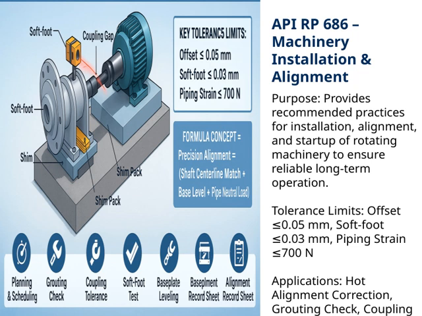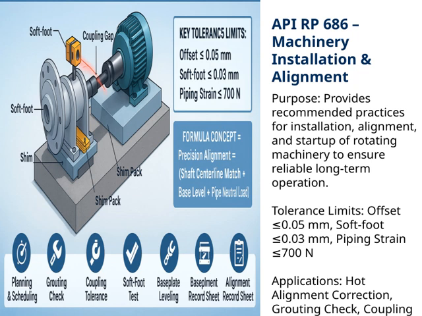Now, the applications of these practices are quite broad. They include hot alignment correction, which allows us to adjust for thermal expansion, grouting checks to ensure proper support, coupling tolerance measurements, soft foot tests to detect misalignments, base plate leveling to achieve a stable foundation, and maintaining an alignment record sheet for documentation and future reference.